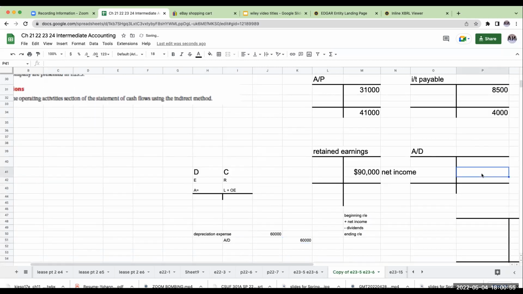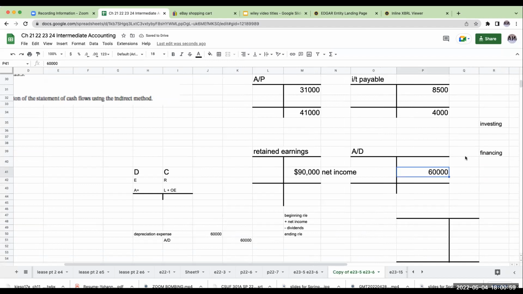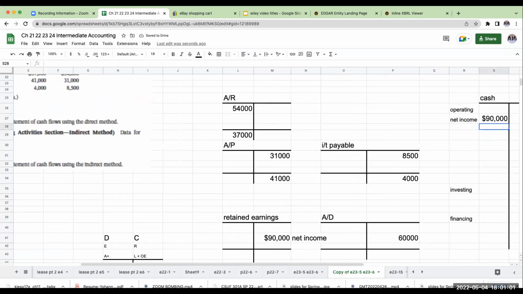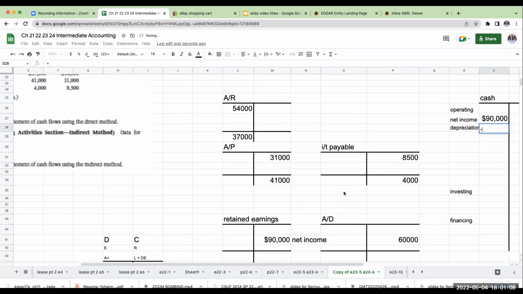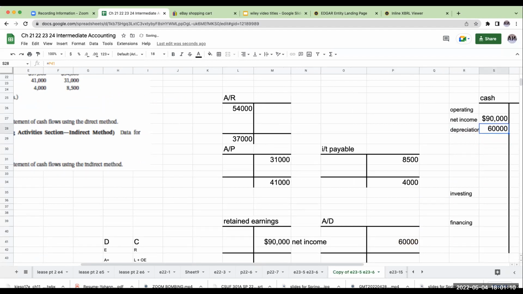So my accumulated depreciation would be credited for 60,000. I do the opposite to cash. It's going to go in the operating section, and we're going to call this depreciation expense. So this is going to be a debit to depreciation expense.